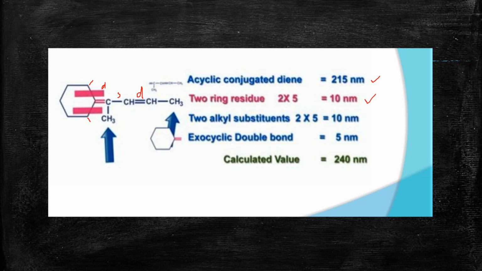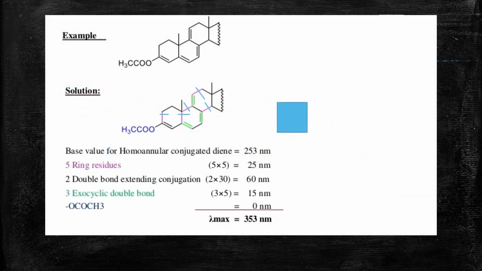And see here, one alkyl substitution, 2 alkyl substitutions on the double bond in the conjugated system, so 2 into 5, 10 nanometers. This one is a ring projecting outside, so there is one exocyclic, 5 nanometers. So totally 240 nanometers. Likewise, work out these problems.